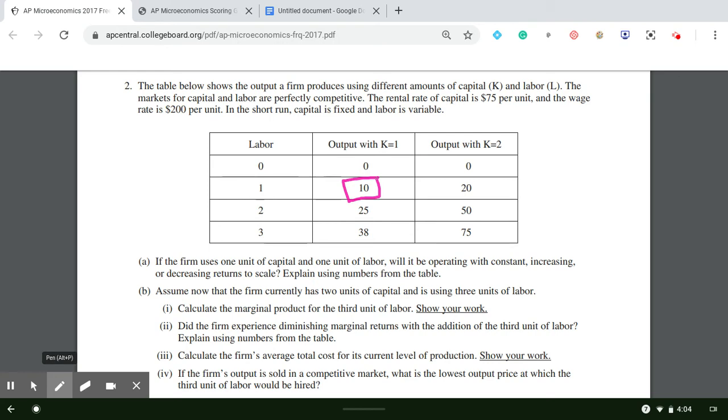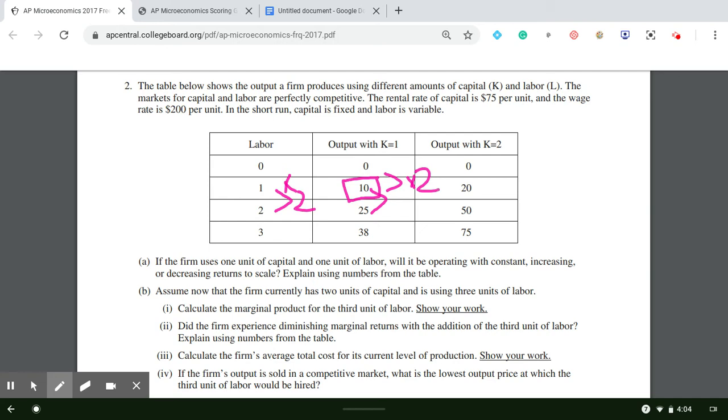Okay. So if I double this labor from 1 to 2, so it doubles, times 2, well, I'll more than double, greater than times 2, with output.